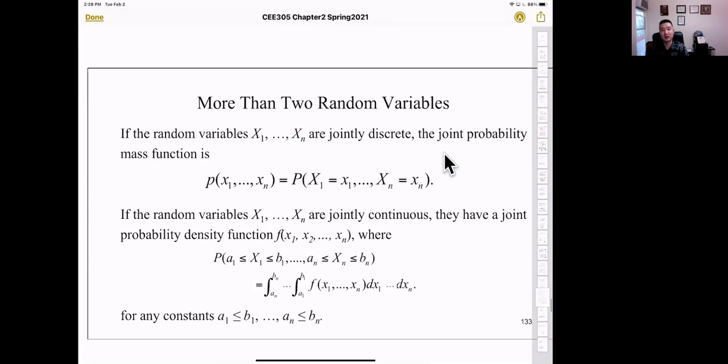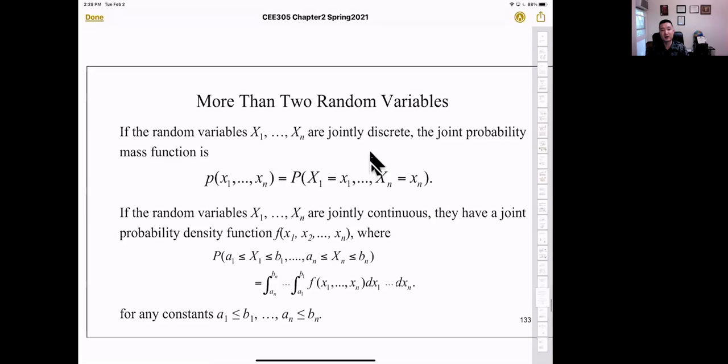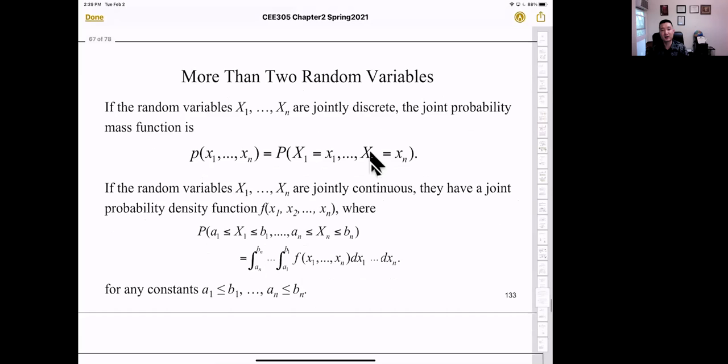We could have more than two random variables. Just to show you the general format of the equation here. If we have more than two joint discrete variables, X1, X2, up to Xn, the joint probability mass function is this.